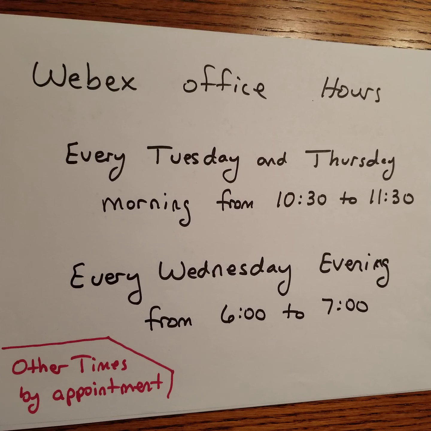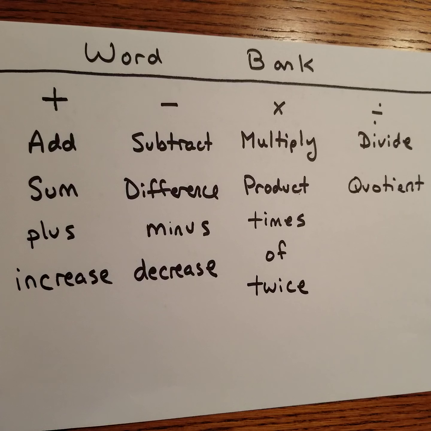Let's wrap up our work today by taking the next step on word problems. In a previous lesson, we developed this word bank of words that go with these mathematical symbols. Some of them are obvious, some of them not so much.